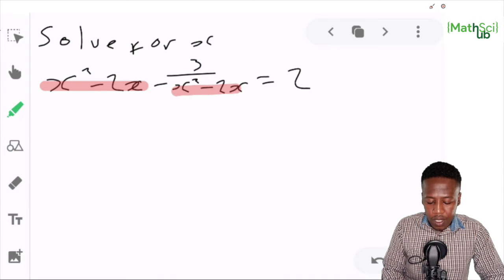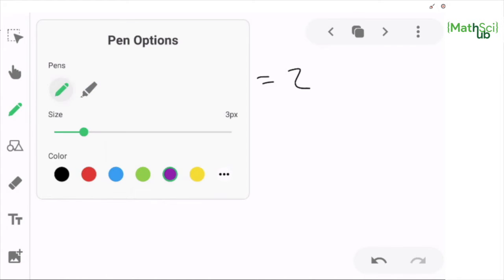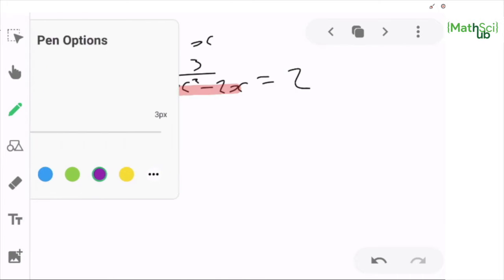We have x squared minus 2x minus 3 over x squared minus 2x. Now we can see this expression repeats itself. Now you can solve this by using substitution method, or what is normally called the K method.